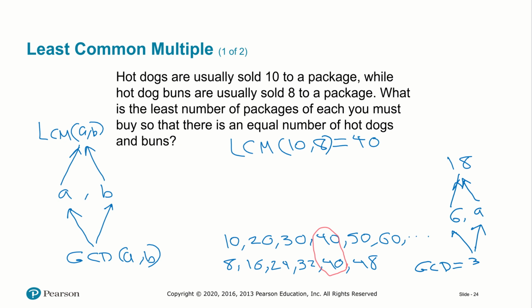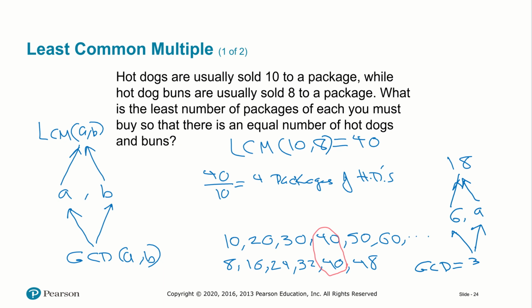Does that mean I have to buy 40 of them? No. Remember, hot dogs are usually sold in packages of 10, right? So in order to get 40 hot dogs, I would have to buy 40 over 10, so that means 4 packages of hot dogs.